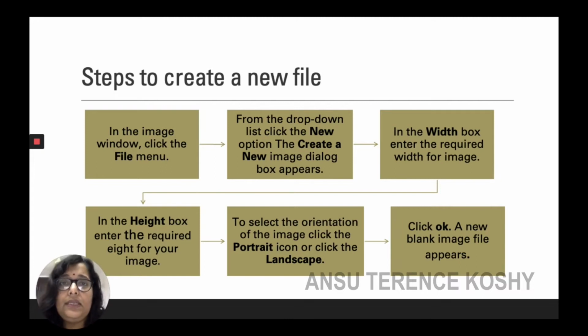If it is vertical, you need the portrait option, and if you want your picture horizontally, then you go for the landscape option. Then you press OK. A new blank image file appears. You need to preset it in order to get the picture in your dimensions.